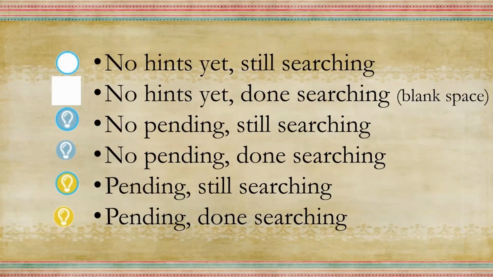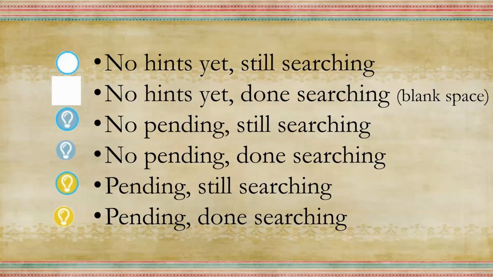The plain circle with no light bulb means RootsMagic has found no hints as of this moment and is still searching more databases for you. If there's a blank space, if there's nothing there at all, it means that RootsMagic hasn't found any hints available, and it has completed its searching process.